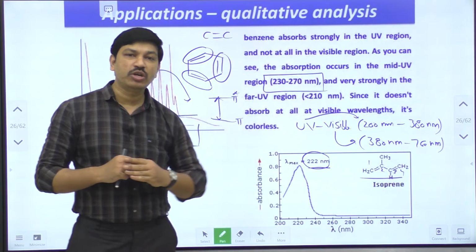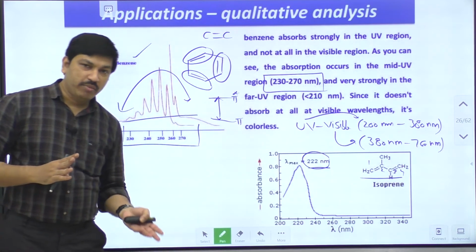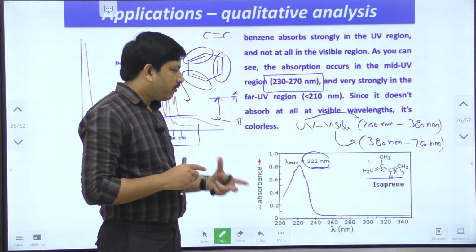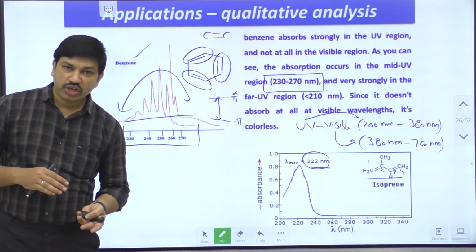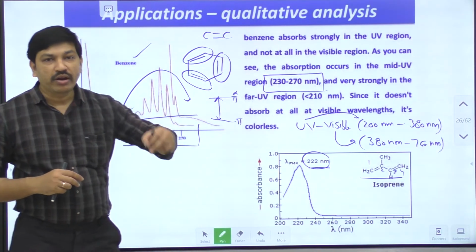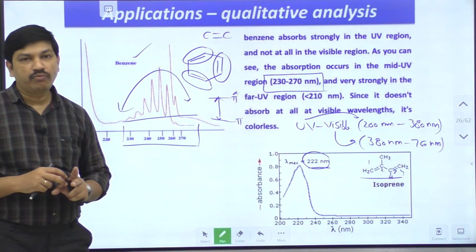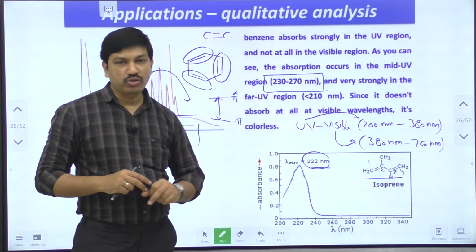From that pattern we can clearly understand whether the given compound is aromatic or non-aromatic, and whether it has any kind of conjugation. We can also determine the number of double bonds in the given molecule by following different rules. All these things are possible using UV-visible spectroscopy.